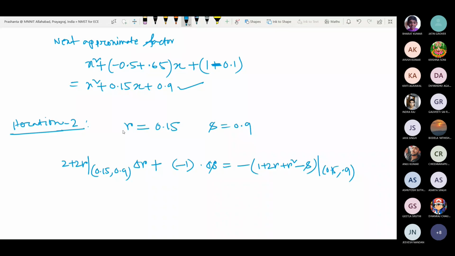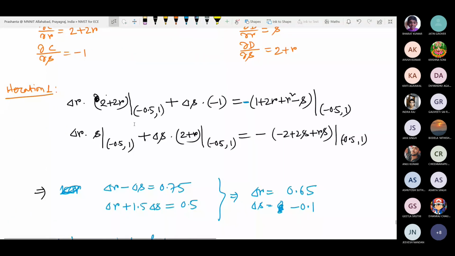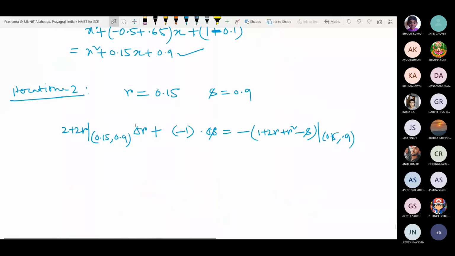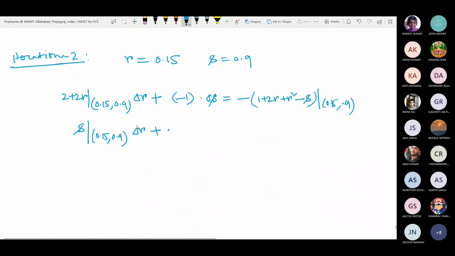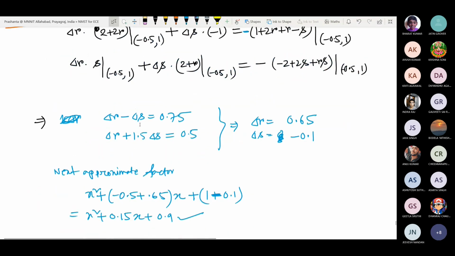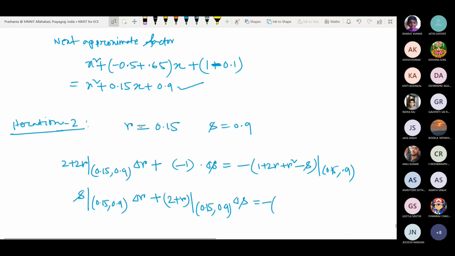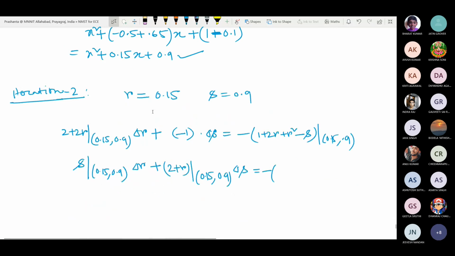and another equation will be s. It has to be evaluated at 0.15 comma 0.9 into delta r plus 2 plus r, evaluated at 0.15 comma 0.9 into delta s equals to minus D of R, S. What is D of R, S?